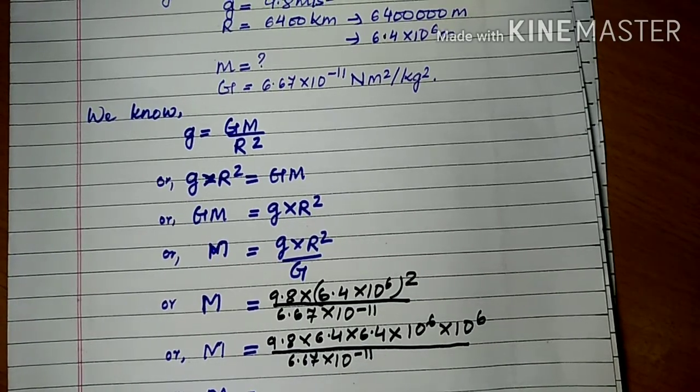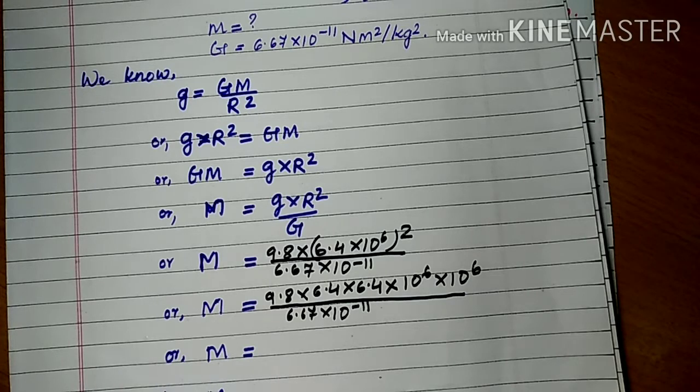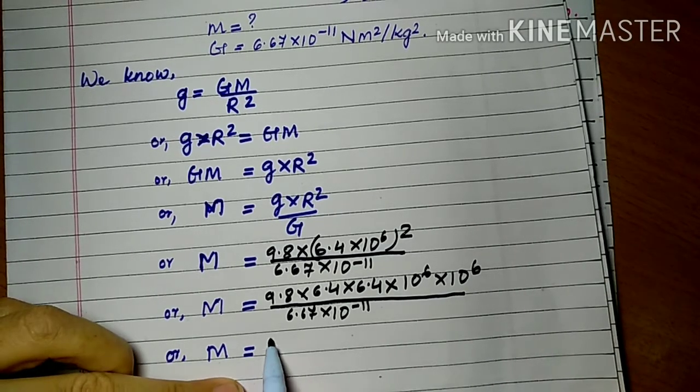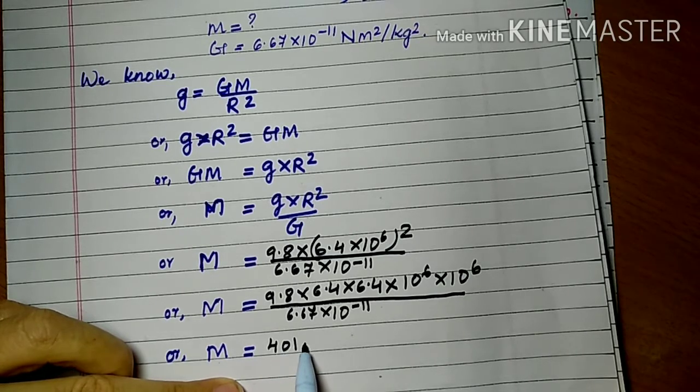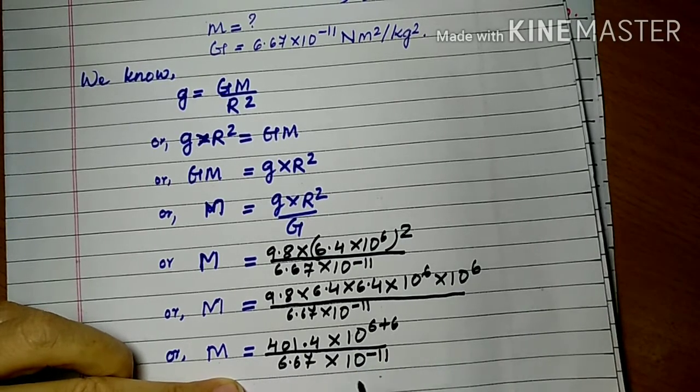Now after multiplying 9.8 into 6.4 into 6.4, you will get this value, 401.4 into 10 to the power 6 plus 6, which is 12. Okay, divided by 6.67 into 10 to the power minus 11.